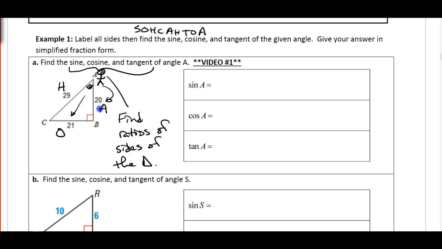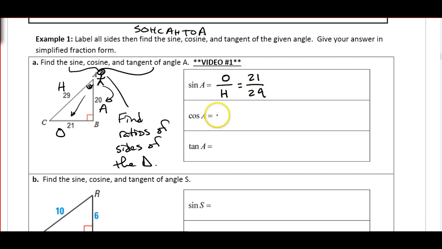I've got my SOHCAHTOA, so the sine of angle A is the opposite side over the hypotenuse. The opposite side is 21. The hypotenuse is 29. So the sine ratio for angle A is just 21 over 29.